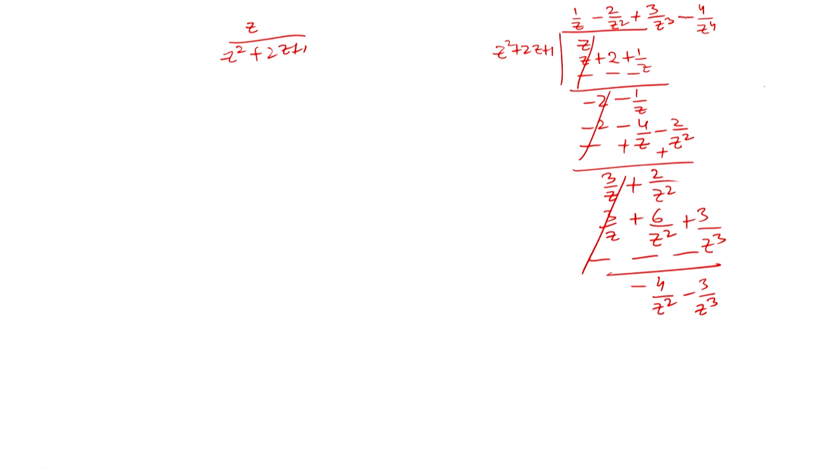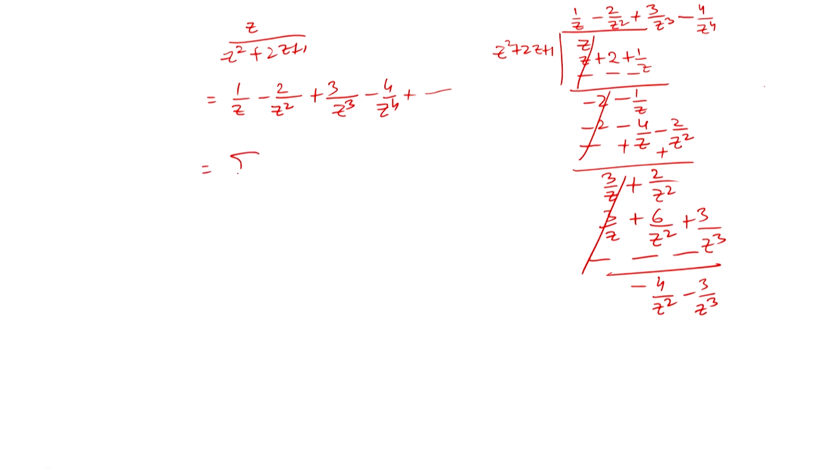So, we can see this is nothing but 1 over z minus 2 over z square, 3 over z cube minus 4 over z to the power 4 and so on.